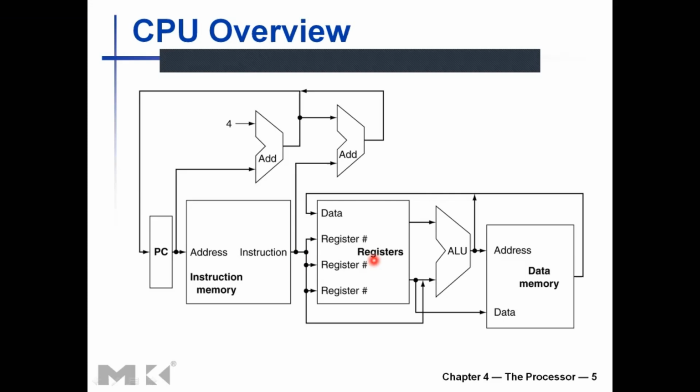But in other cases, like in immediate type instructions, if you have only 2 register numbers given, you only need to provide 2 register numbers into the register file. And when you're reading, you can read 2 values from the register file, and those go into the ALU. Right? 2 different values you're reading from the register file can go into the ALU. Or an immediate value coming from the instruction itself can go into the ALU like that.